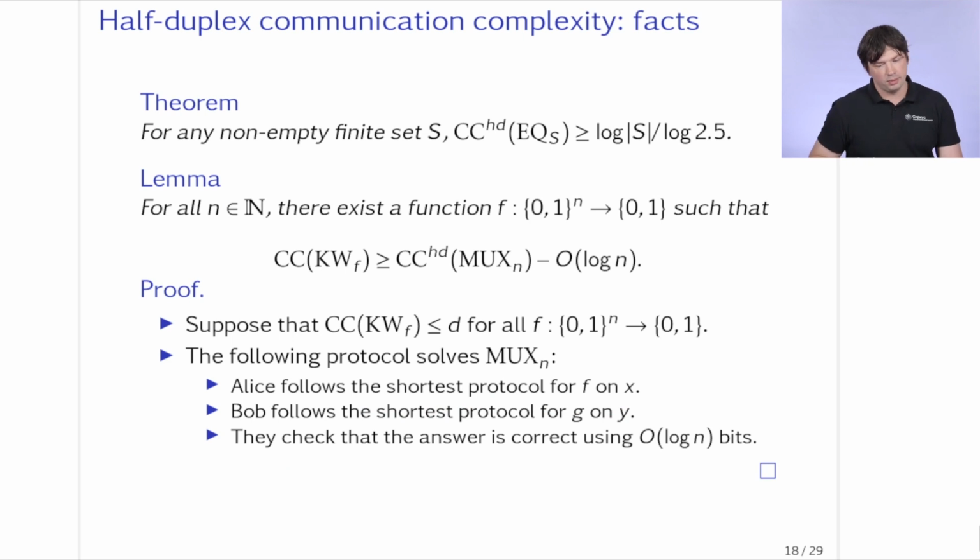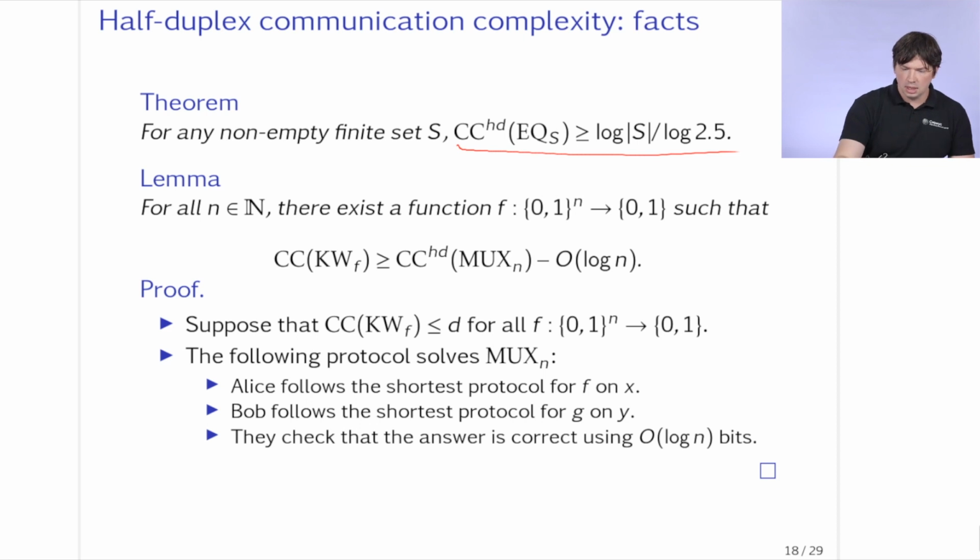So what do we know about this half-duplex thing? First of all, we have that equality is hard on any set, and the main reason why it was introduced is that if we have a half-duplex lower bound for multiplexer, it immediately implies the existence of a hard function. So how do we do this?